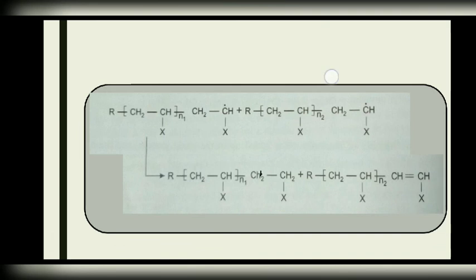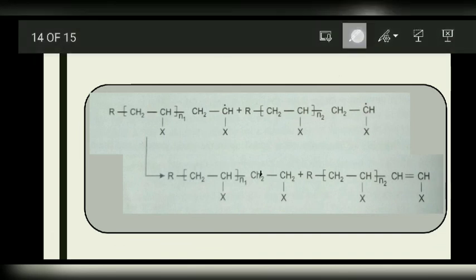Let us see the example. See here, here also we have considered two growing chains. So this free active site on this growing chain abstracts the hydrogen from this chain.